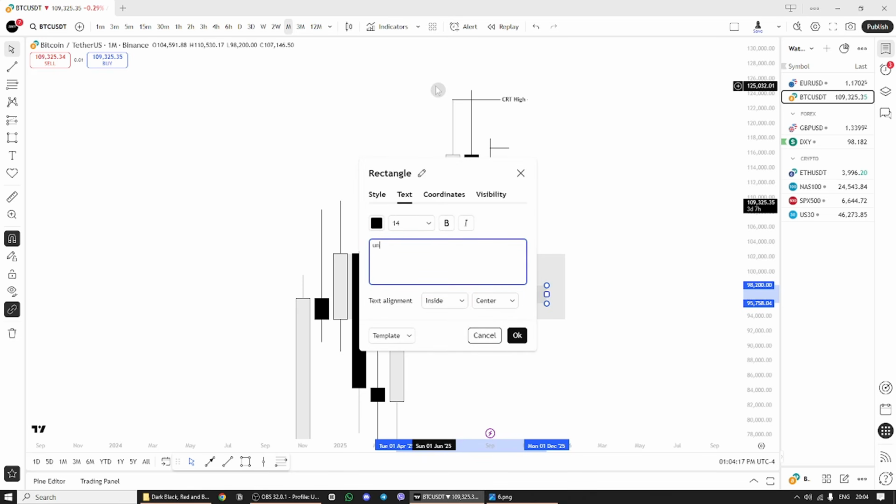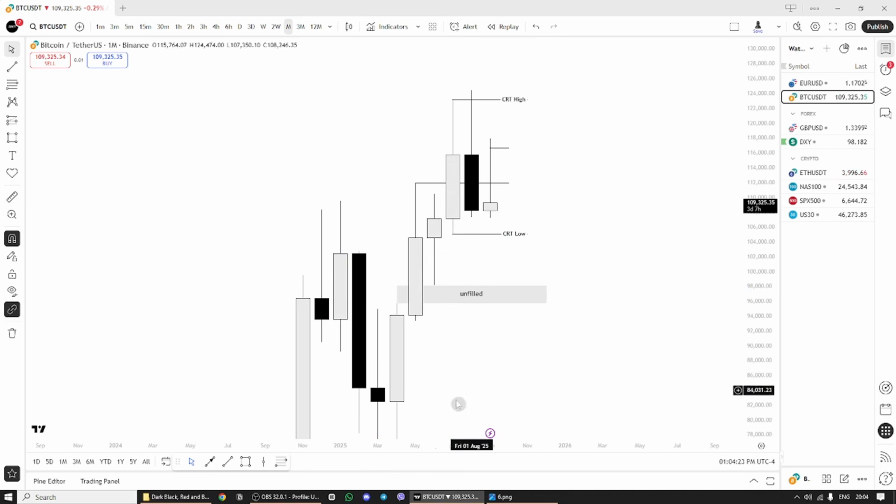This will stay unfilled, and this whole breaker block, I will just mark it like that because the closing price of the breaker is very sensitive.